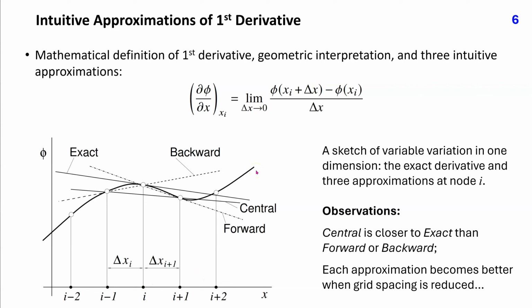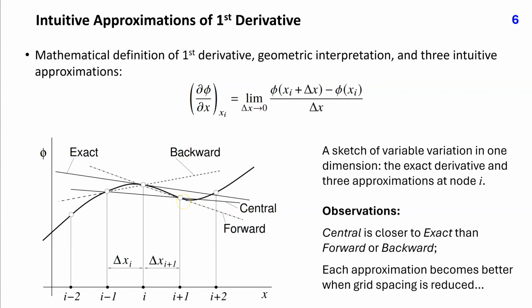In this figure, we see a curve representing the variation of phi as a function of x. The first derivative of phi with respect to x at point xi represents the slope of the tangent to the curve at this location. The tangent is here denoted with the word exact. The above finite difference is represented by the line marked as forward.